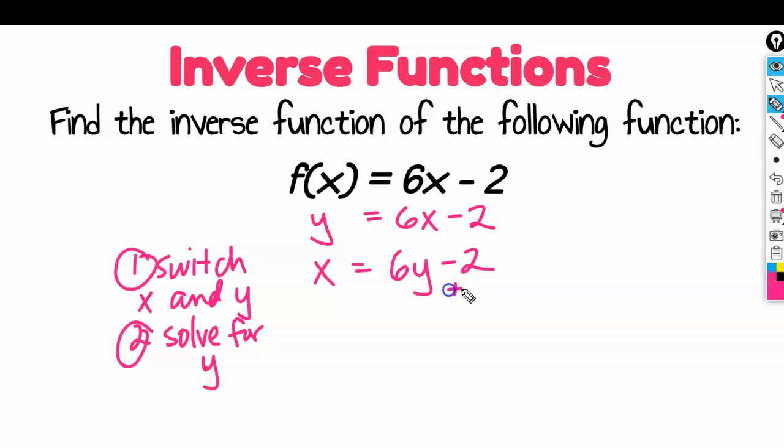So I'm going to add 2 to both sides. So I've got x plus 2 equals 6y. And then finally, I'm going to divide by 6 on both sides.